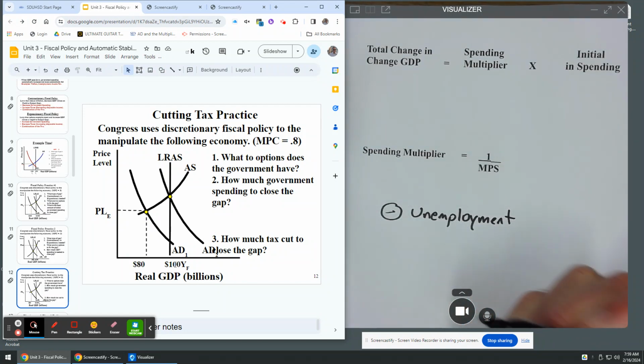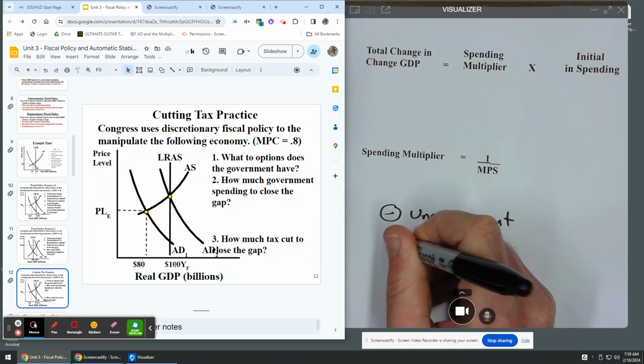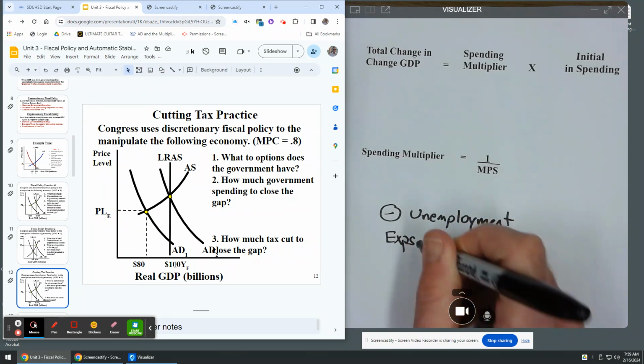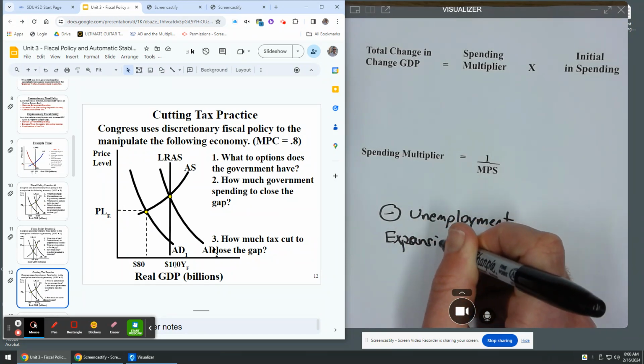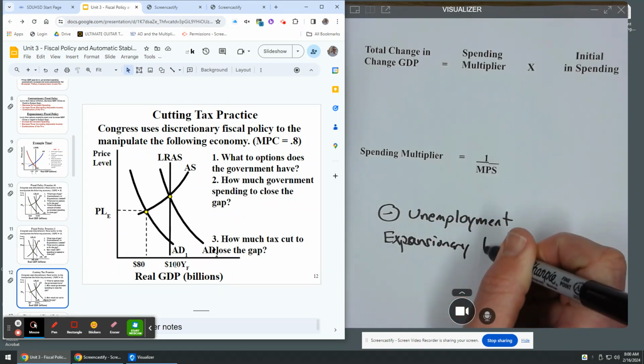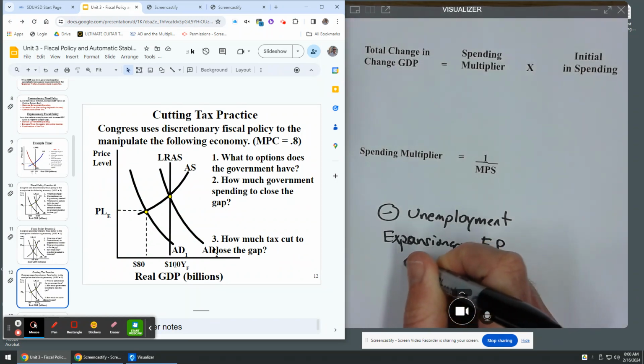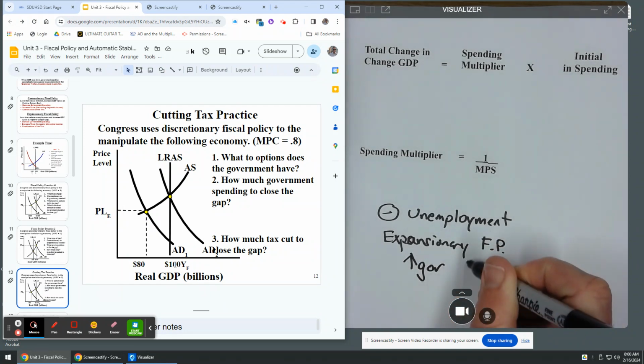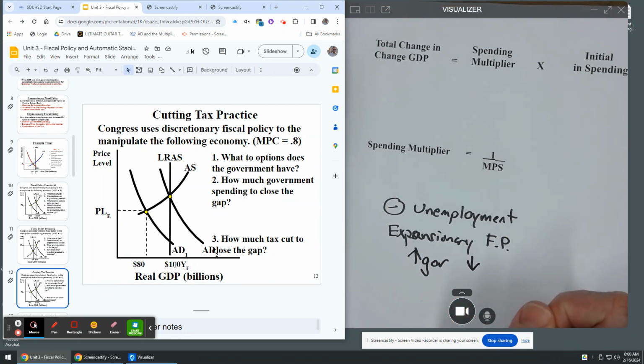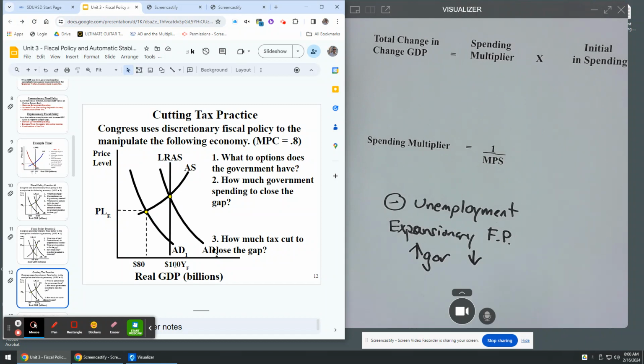We know we're going to have to enact an expansionary fiscal policy. We'll know that our tools are going to be to increase government spending and cut taxes. So now we can start getting after the questions.